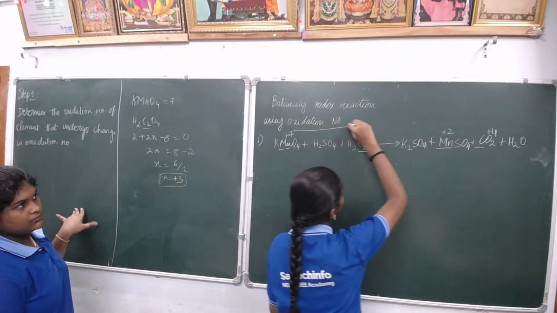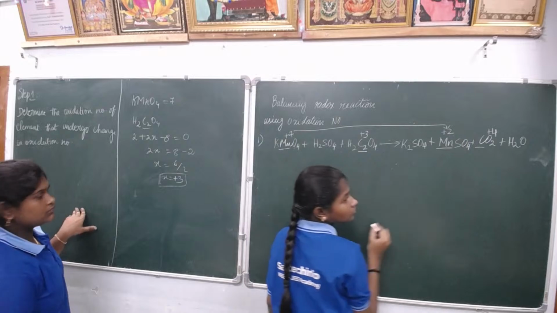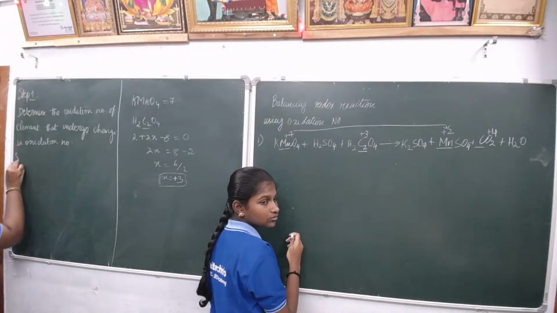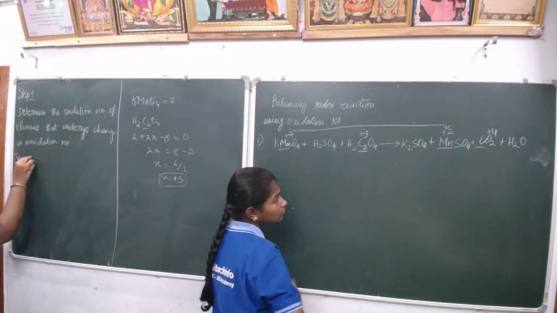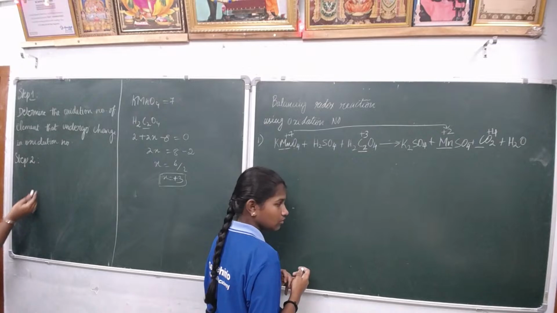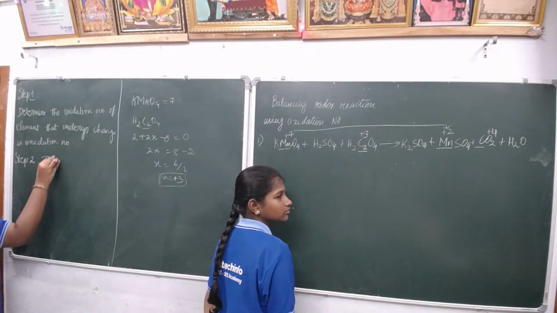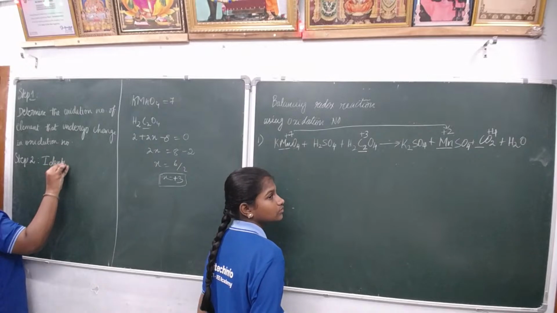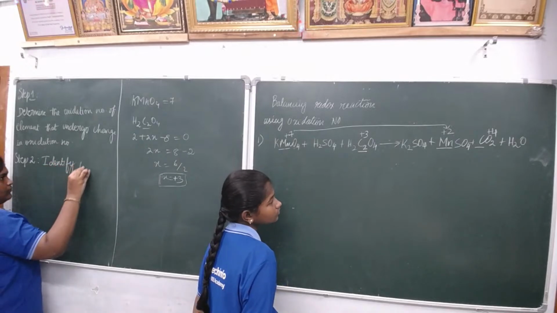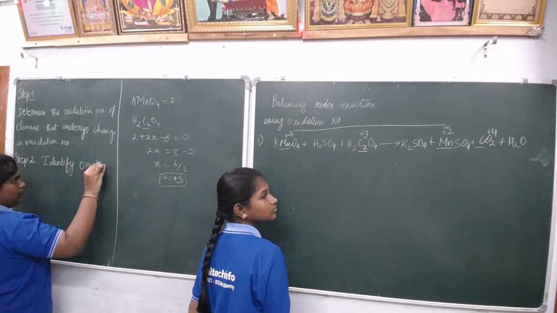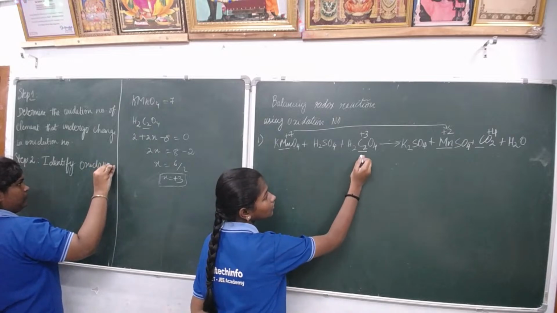So you can write down in the second stage. Take down step 2. In the next step, identify oxidation and reduction. So reduction is represented here. That is plus 7 becomes plus 2. And plus 3 becomes plus 4. Is it not?